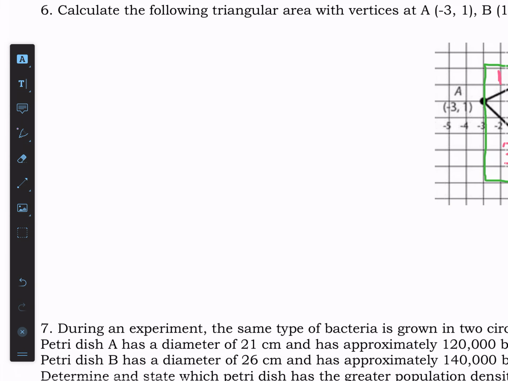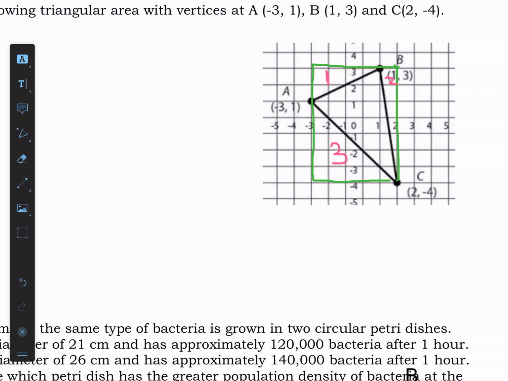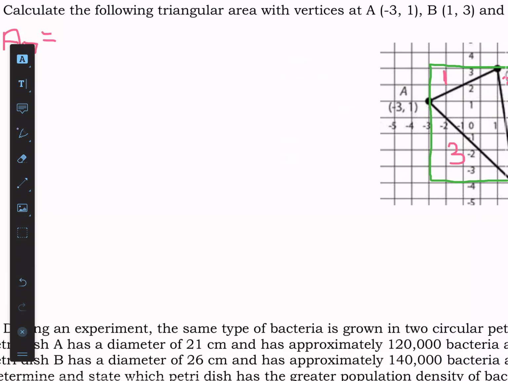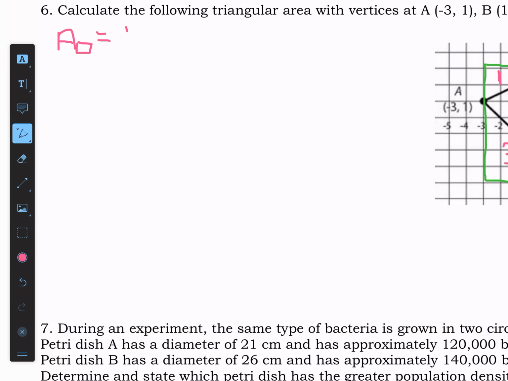So we'll start off with the area of the rectangle. We're just going to count the boxes for the length and the width. So it looks like we've got 7 by 5. Okay, so 7 times 5 gives us 35, okay?